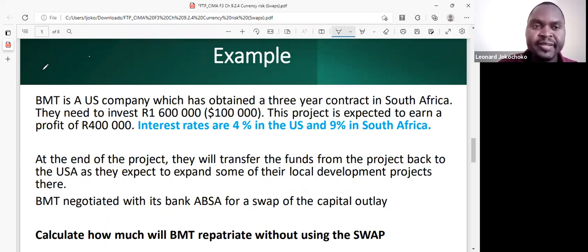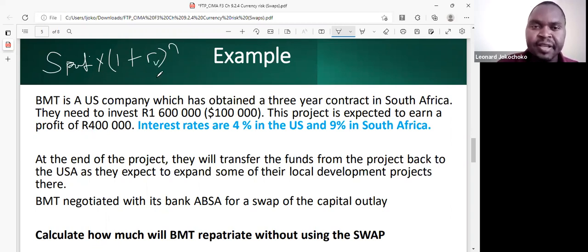We know that under the interest parity theory, the future rate is found by taking the spot and multiplying the spot by 1 plus the interest rate, raised to the number of years. The interest rate there at the top should be the variable currency rate.